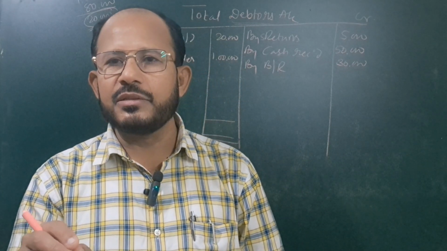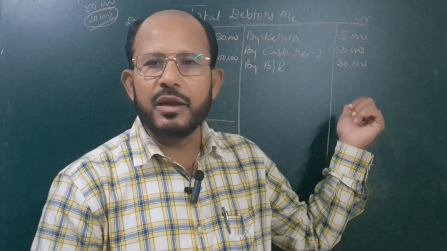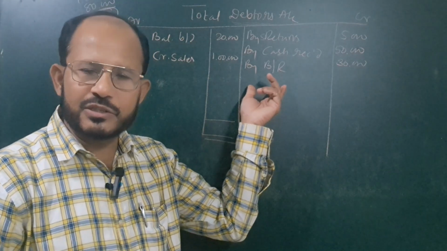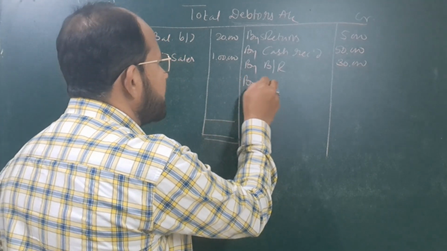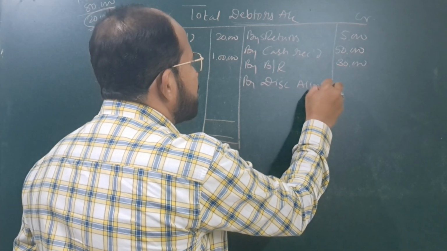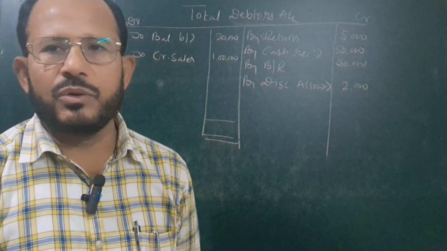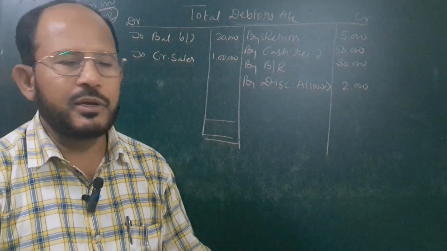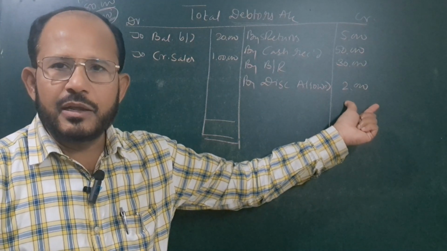This is called a discount which is given by the businessman to the debtors. Therefore, if such a discount is given, that is called discount allowed. That is to be credited here. Assume that rupees 2,000 is the amount of discount given by the businessman to his debtors. That discount allowed is to be credited here.